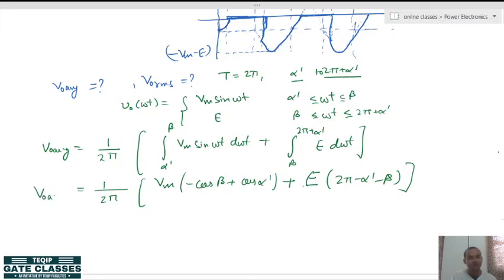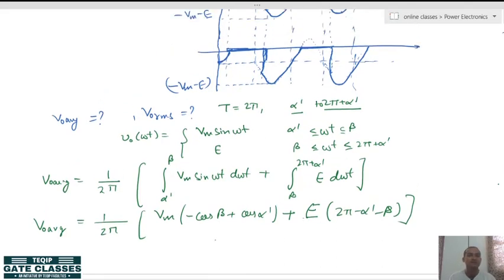Here is one simple trick: whenever you want to check whether the average value you have calculated is correct, just go to the basic circuit of that particular section.